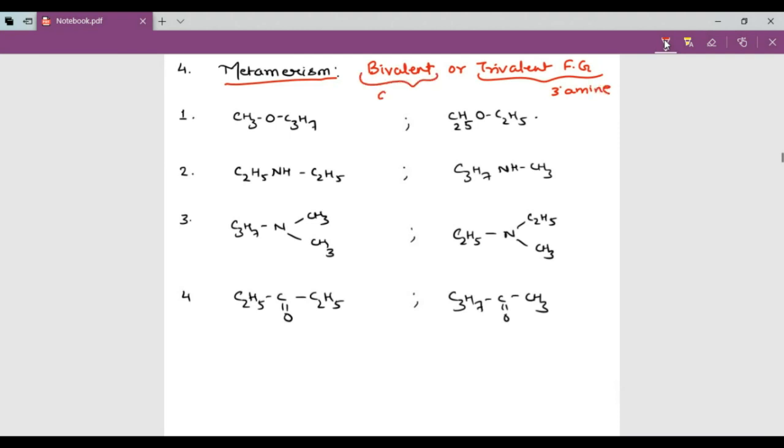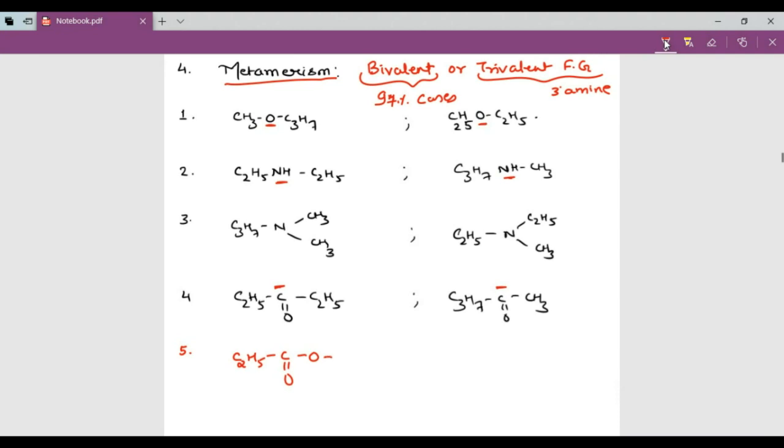Bivalent, I would say 97% of cases, are of bivalent. See, ether, bivalent. Amines, 2-degree, bivalent. Ketone, bivalent. Ester, if I could include, surely I can.